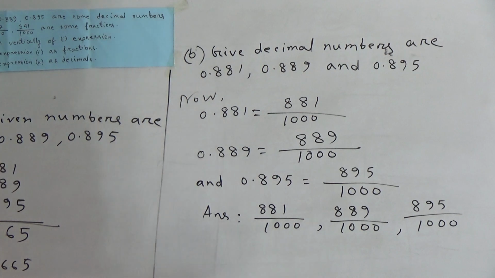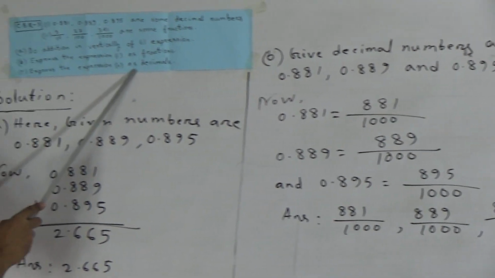Dear students, we have finished our B number question. Now we will solve C number question. Express the expression 2 as decimal.